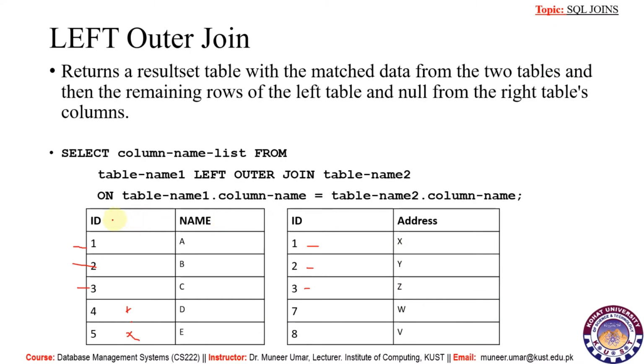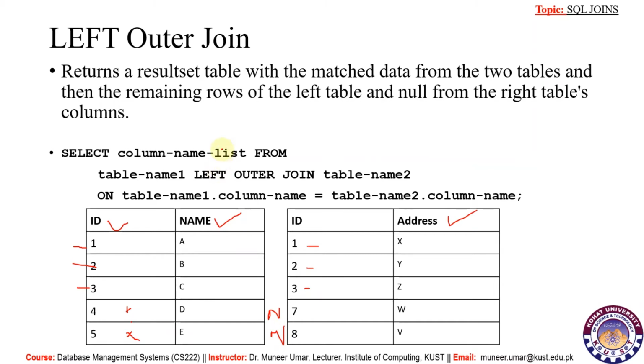Suppose we apply a query as select ID, name and address. So what will happen? We will get 1 A X, 2 B Y and 3 C Z. But we will also get the unmatched data, that is 4 and 5. So we will get 4 D and then null because it's not present here. So we will have null for this, and also 5 E and null.